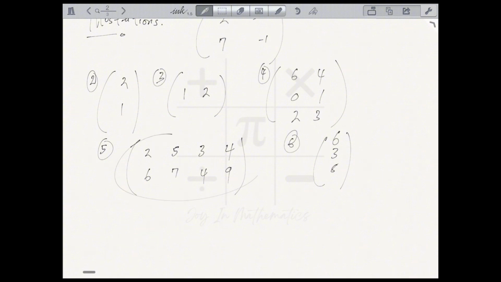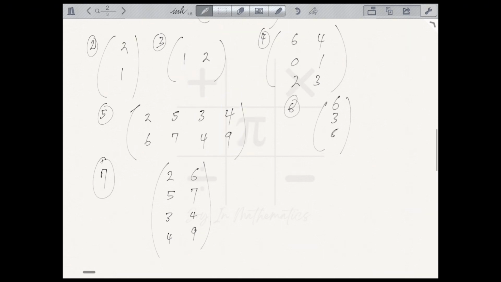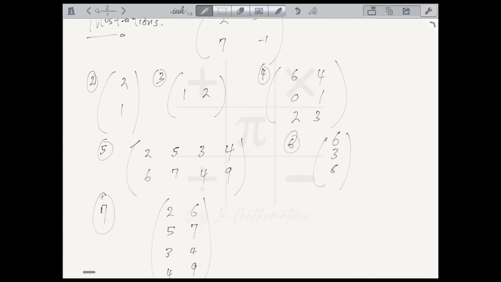This can also be written as 2, 6, 5, 7, 3, 4, and 4, 9. These are all illustrations of matrices. Matrices involve rows and columns, which will be dealt with in the next video. These are rows and these are columns.